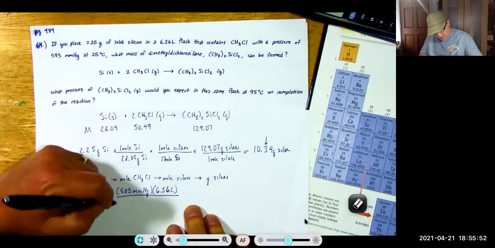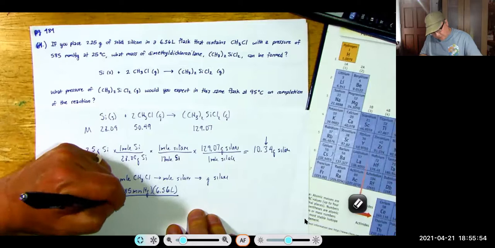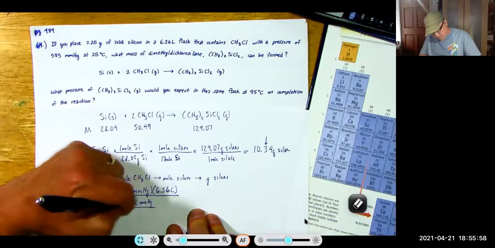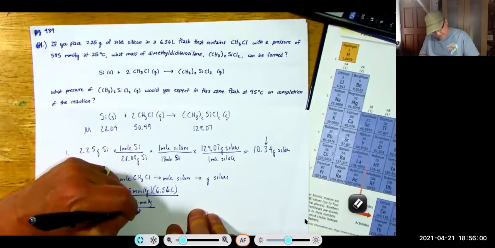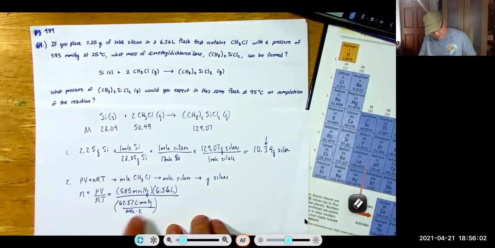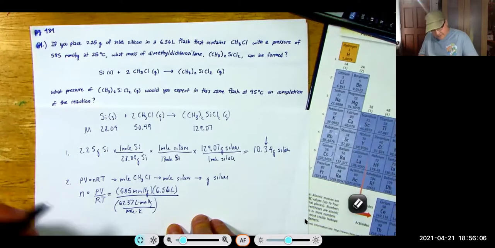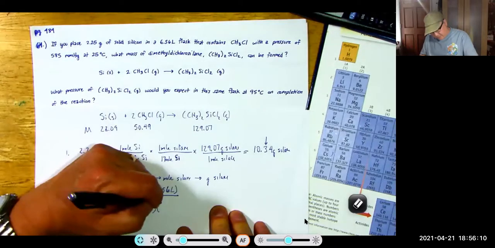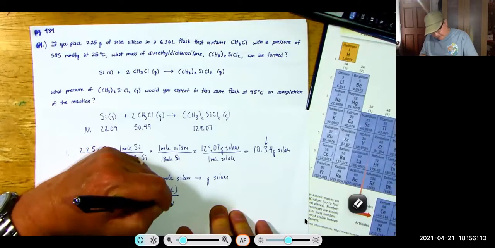For the R, we're going to use 62.37 millimeters of mercury per mole K because we want the pressures to cancel. And this is the R that has millimeters of mercury in it. And the temperature is going to be 25 plus 273, which is 298.15 K.